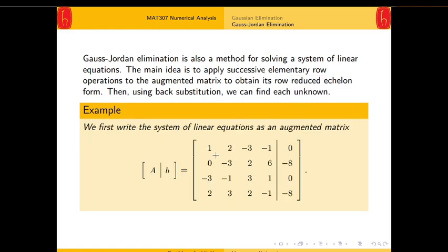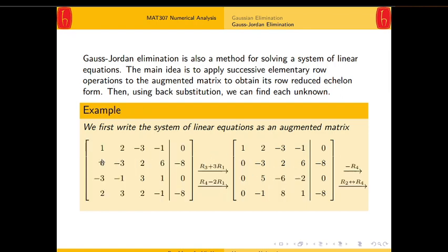We need to put this linear system into its augmented matrix form. So this will be the matrix we will be working on, and we need to apply successive elementary row operations on this matrix. In the first row, the leading entry is 1, which is nice because we just need to have 1 here already.